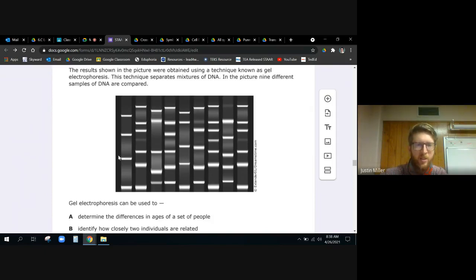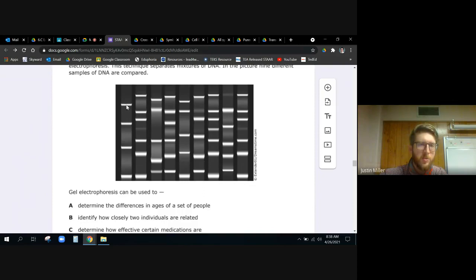So this is one person, this is another person, this is another person, this is another person. And you see these little bands, these bright bands that are on each strip? The closer that they match, the more closely related they are. So if this is person 1 and this is person 2, they're not even close. So these two are probably not related.